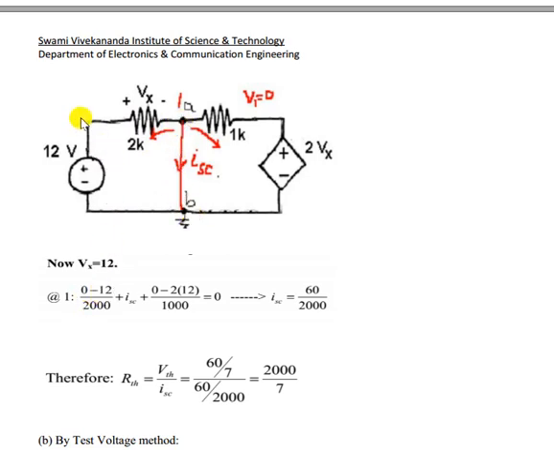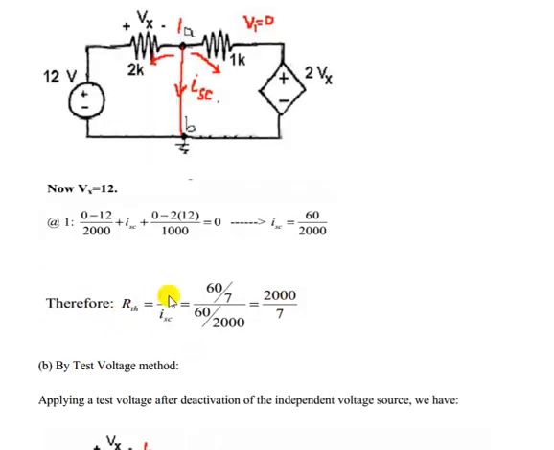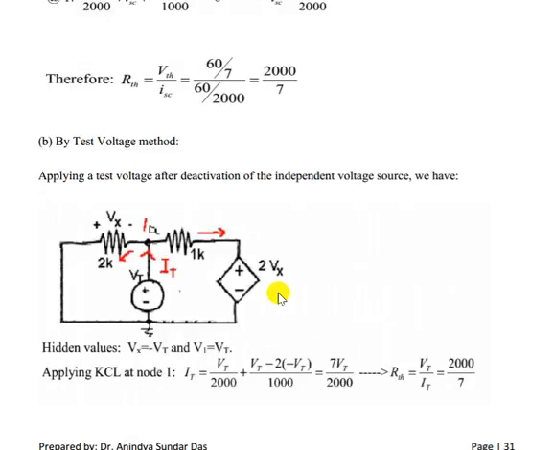So 0 minus 12 divided by 2k, 0 minus 2Vx divided by 1k. Now here Vx equal to 12 volt. And plus ISC, because these two currents are leaving, ISC is also leaving. So the summation equal to 0. So you get the value of ISC. Therefore RTH equal to what? VTH by ISC. So we got the value. Okay.